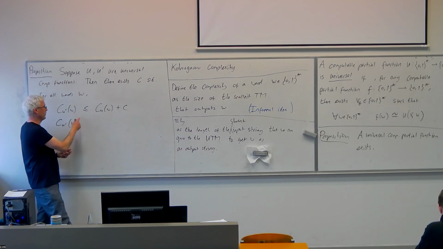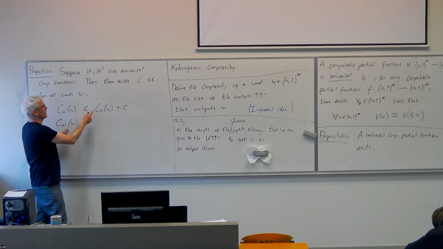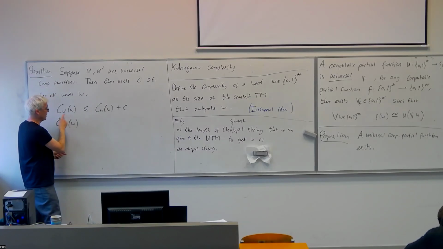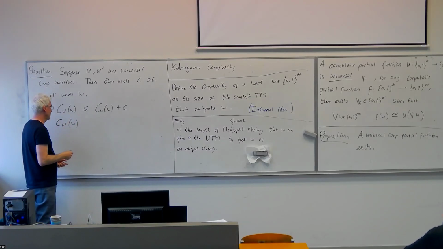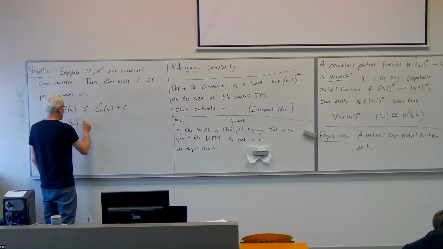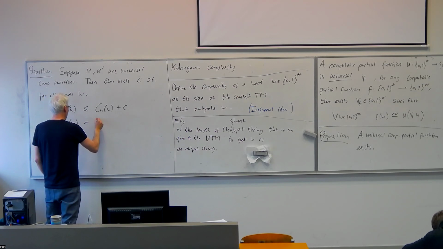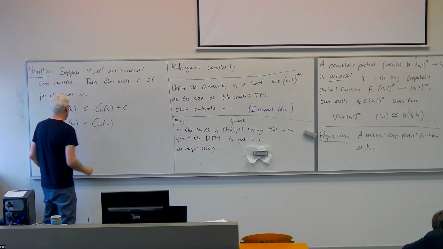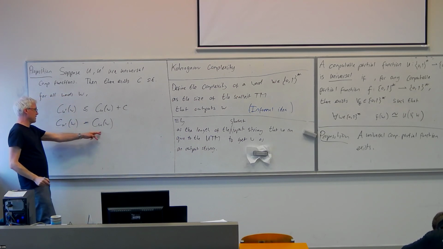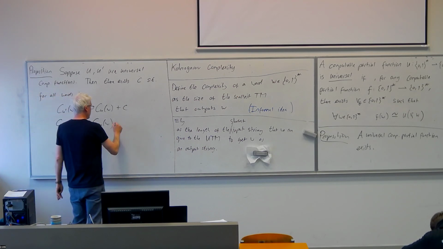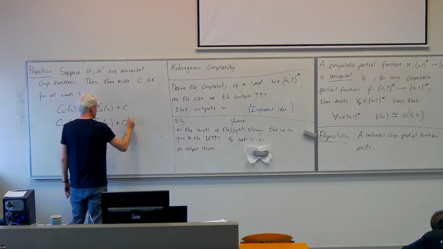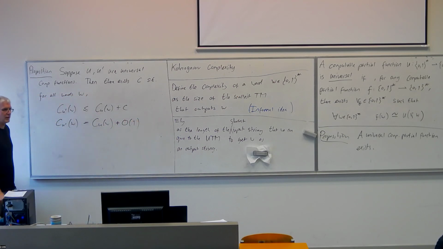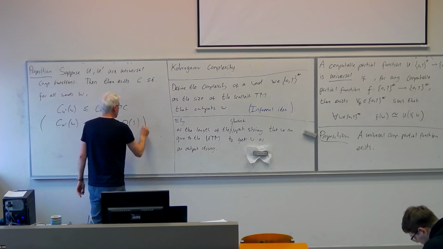And in the other direction, because it's arbitrary which one we call U and which U prime, we have the same thing the other way. The standard way of writing this is that the U complexity of W and the U prime complexity of W differ by an additive constant, so one equals the other plus a constant.